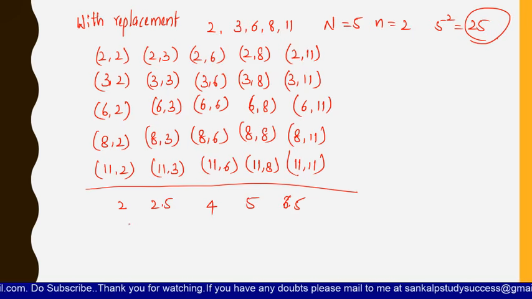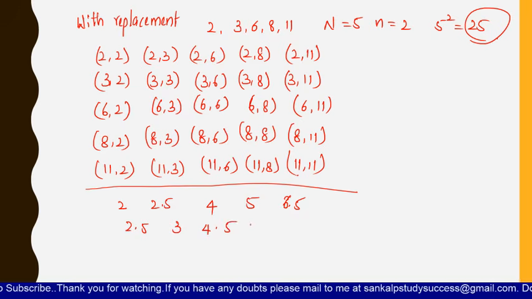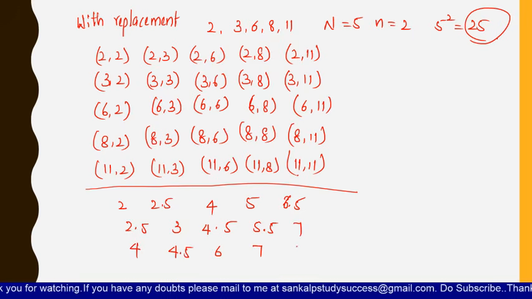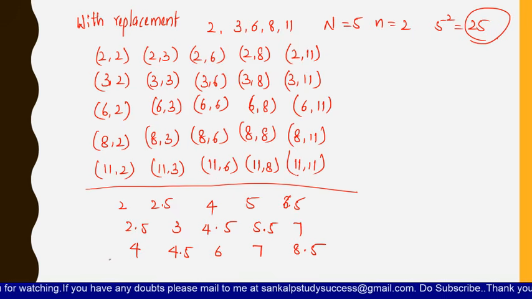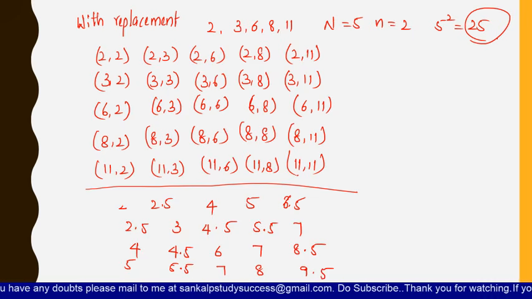Now 3, 2. 3, 2 is nothing but 2.5, 3, 4.5, 5.5, 7, 4.5, 6, 7, 8.5, then 5.5, 7, 8, and it is 9.5.